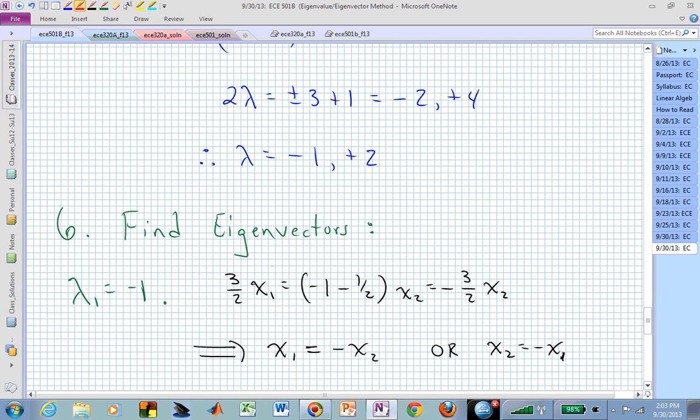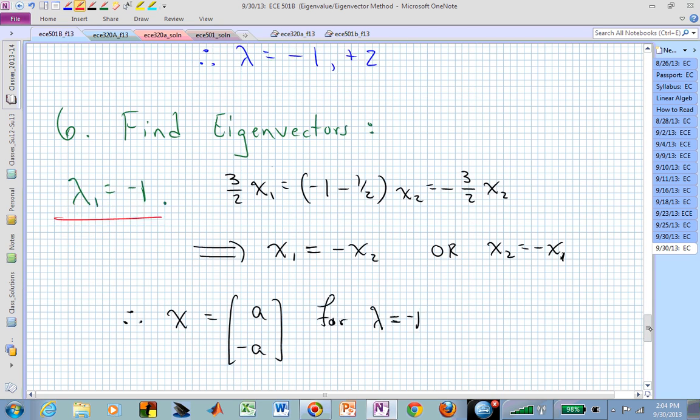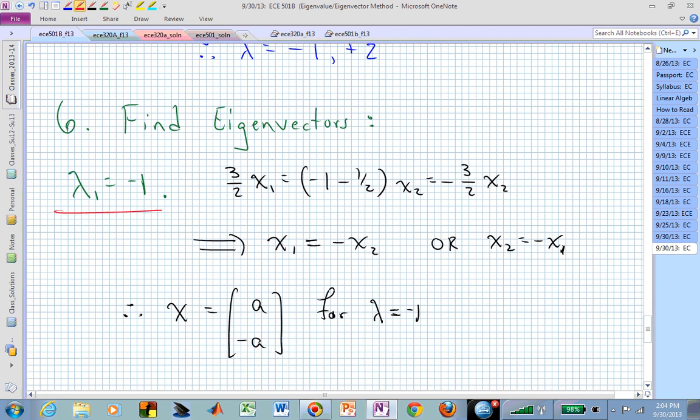If we do it for the first eigenvalue, let's say lambda sub 1 equal to minus 1, we now see that 3 halves x1 is equal to minus 3 halves x sub 2. We can divide by 3 halves on both sides, and we now see that x1 is equal to minus x2, or if we want x1 to be our free variable, then x sub 2 is minus x sub 1.